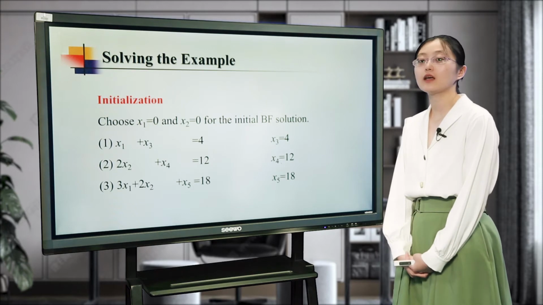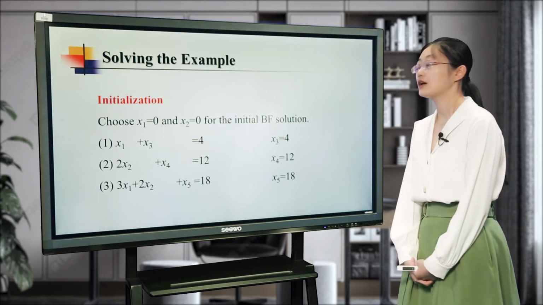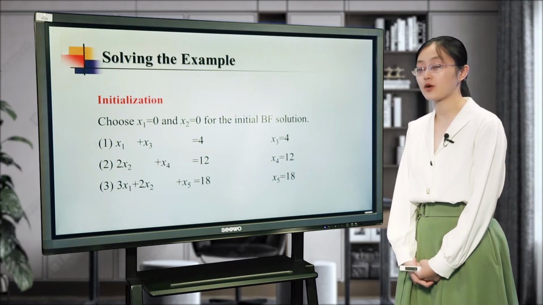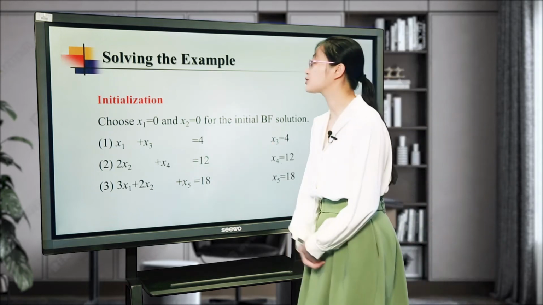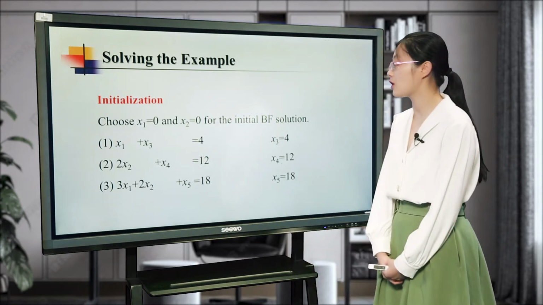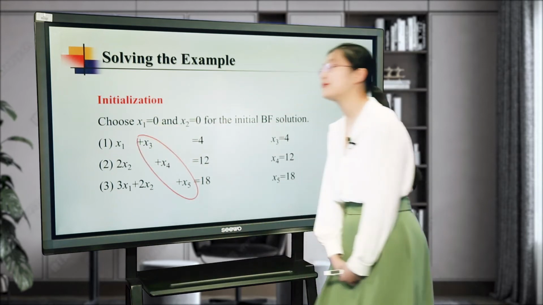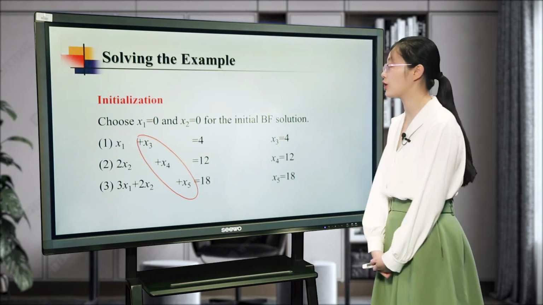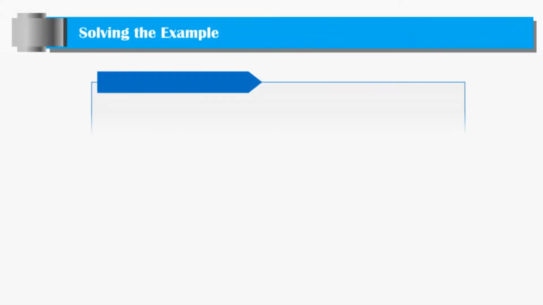Usually in the simplex method, we choose the decision variables to be zeros, to be non-basic variables for the initial BF solution. So after setting x1 and x2 equal to 0, the values of x3, x4, x5 can be read directly from the right-hand side of all these equations, 4, 12, and 18 respectively.